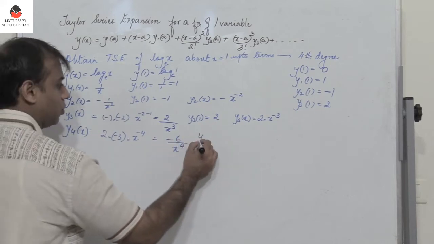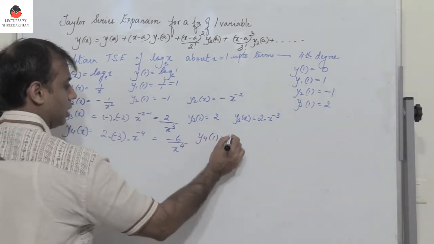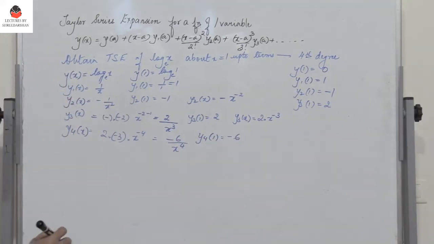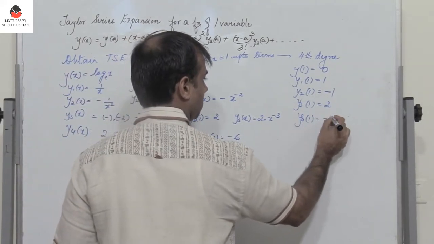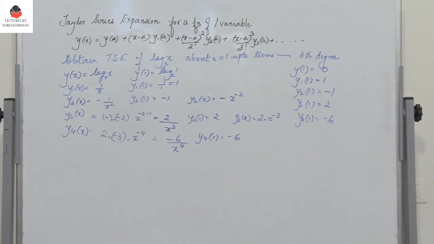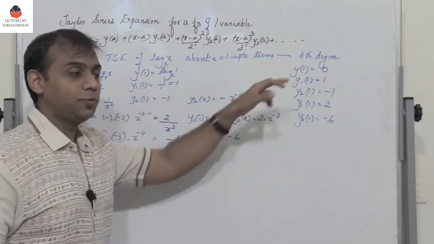So what is y4 of 1? You get minus 6. So now we have obtained all the values y1, y2, y3 and y4 because we had to find the Taylor series expansion up to the fourth degree.